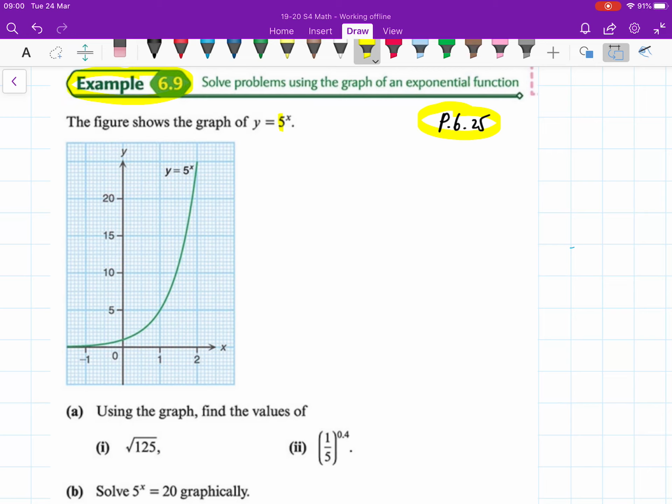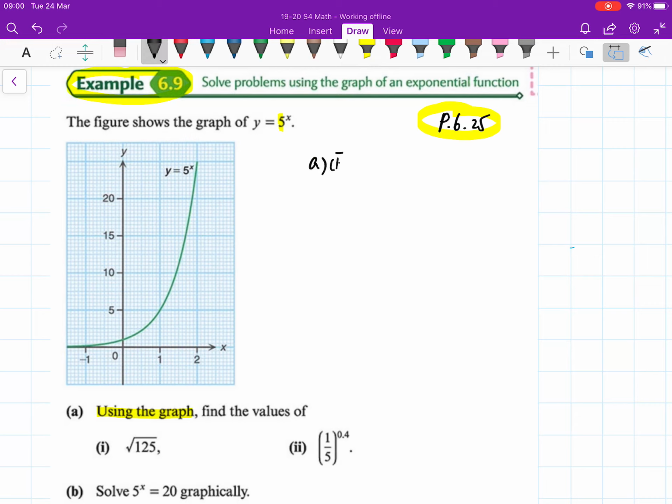So I think for most of the students, the first impression of doing this question is using calculator. But instead, in this kind of question, we are not allowed to use calculator. And one more keyword is using the graph. Okay, that means we have to draw some lines to solve the questions.